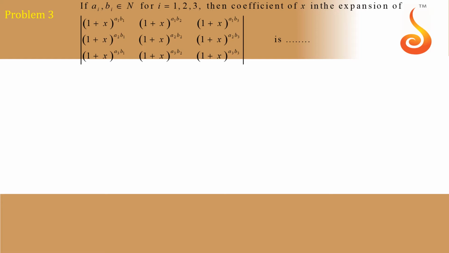You know that the expansion of the determinant will be some polynomial in x. So I can say it will be some a + bx + cx² + and so on. They're asking the coefficient of x, so they are asking b.